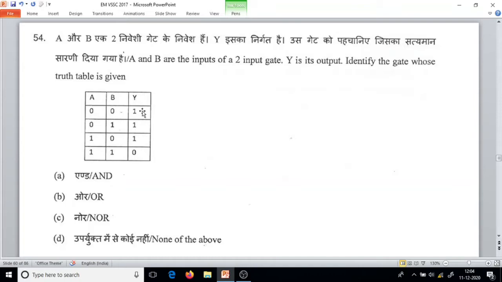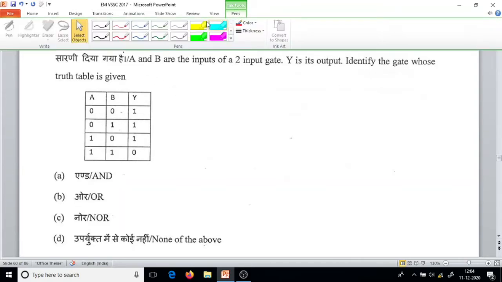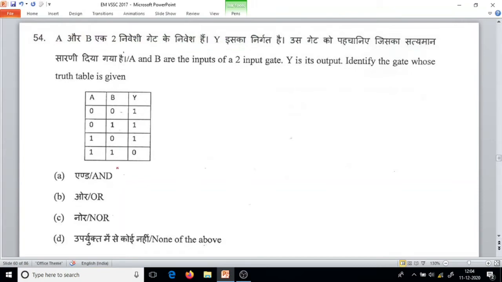Question number 54. You have to be extra careful when you get this kind of two-table question. It could go wrong. A and B are the inputs of a two input gate. Y is its output. Identify the gate whose truth table is given below. So for AND gate, what is the truth table?